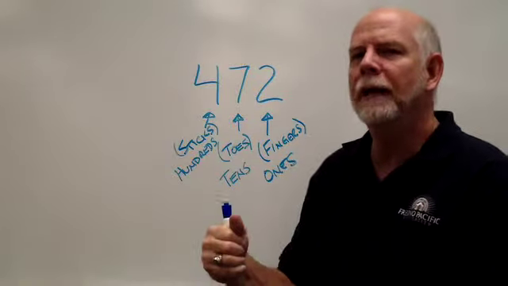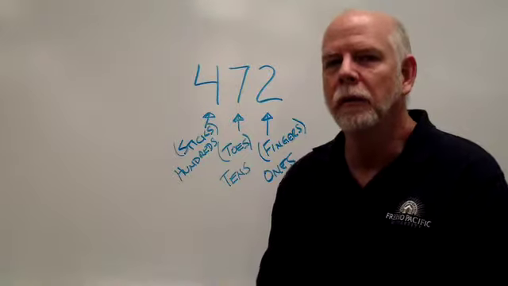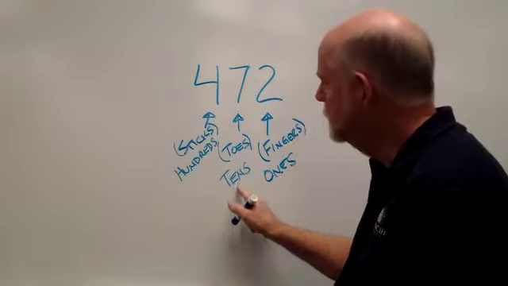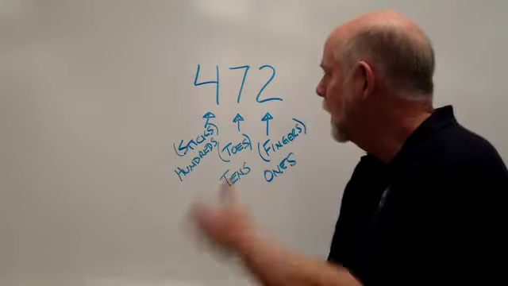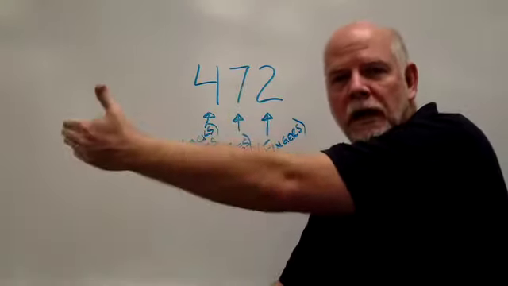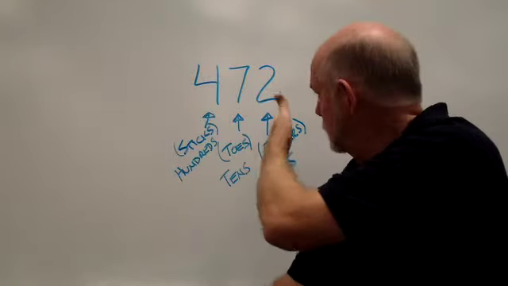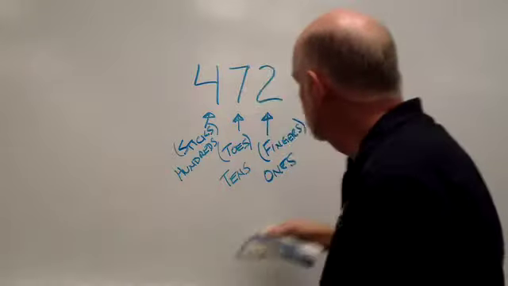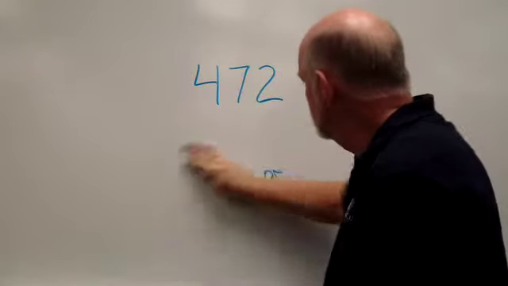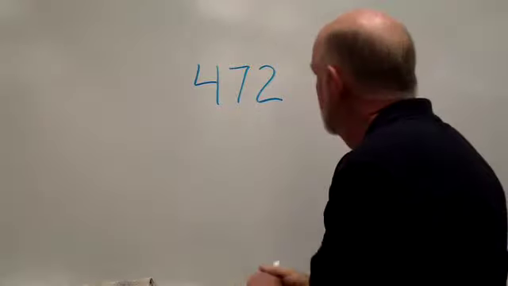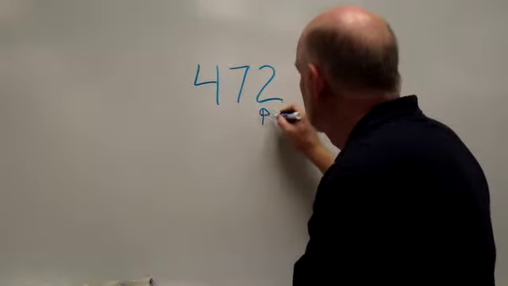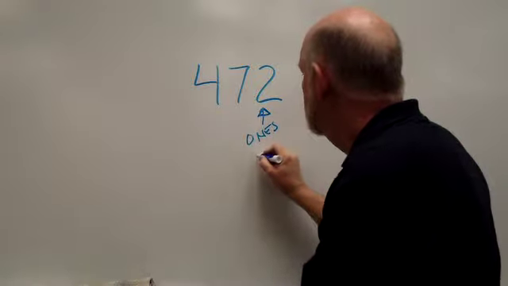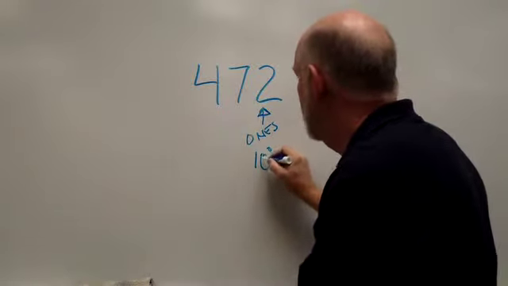Now, one of the reasons why it's called a base 10 number system is because as we look at these ones, tens, hundreds, and so on, again, each one of them is a multiple of 10 as we progress across to the left as we go. Okay? And so let's write this just a little bit differently. So as we look at the ones place, this is also 10 to the 0 power.